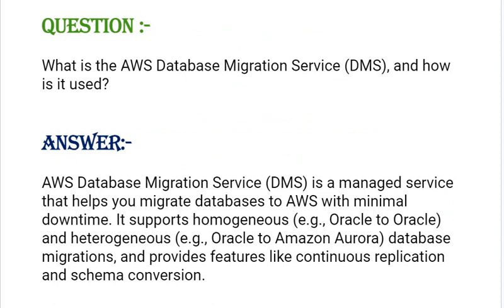Our interview question based on AWS SAP is: what is the AWS Database Migration Service DMS and how is it used? Your answer should be: AWS Database Migration Service DMS is a managed service that helps you migrate databases to AWS with minimal downtime.